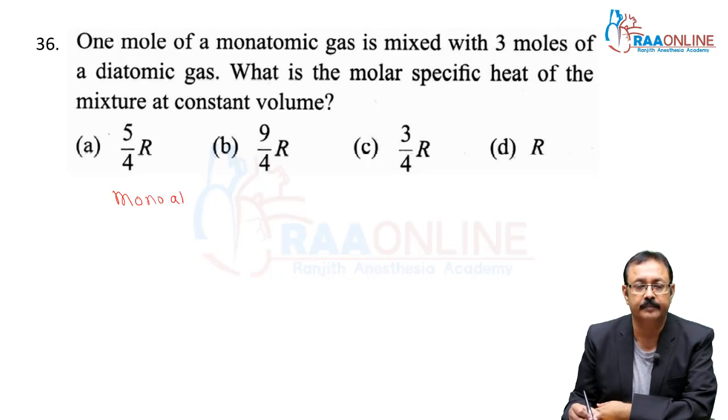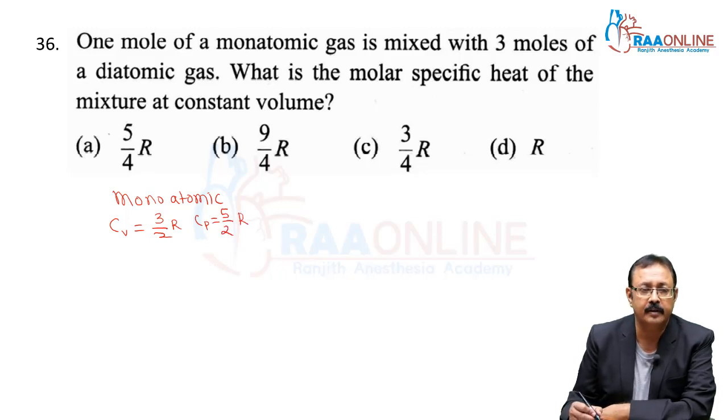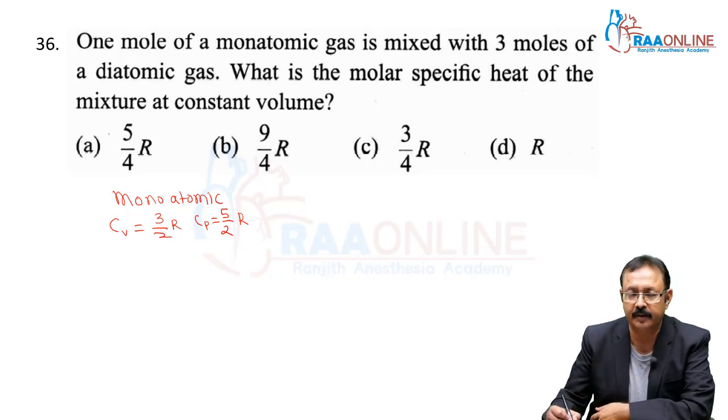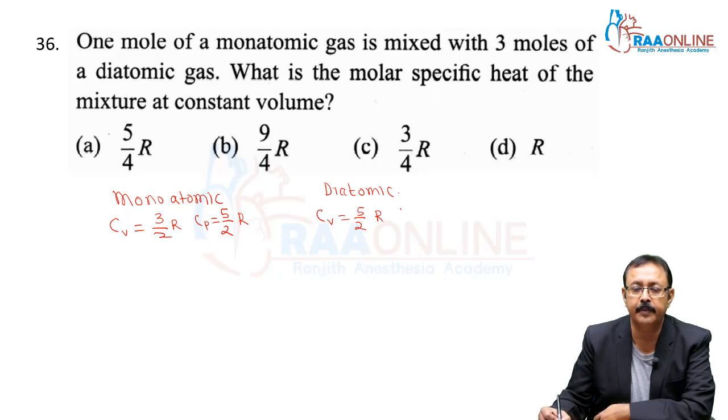Monoatomic: you know that for this Cv is equal to 3/2 R and Cp is equal to 5/2 R. We have this calculation in the theory part of the crash course. What did we do there for diatomic? For diatomic, Cv was 5/2 R and Cp was 7/2 R.